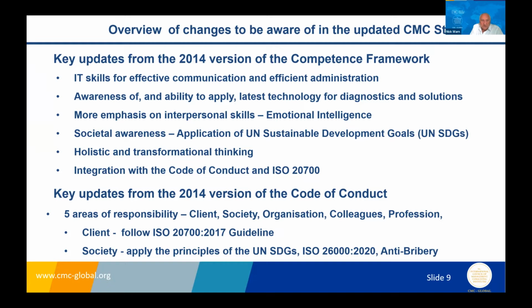So particularly in terms of the client, following the 20700 guidelines, and that is now built into the code of conduct, and in society applying the principles of the UN Societal Development Goals, ISO 26000 and anti-bribery rules.